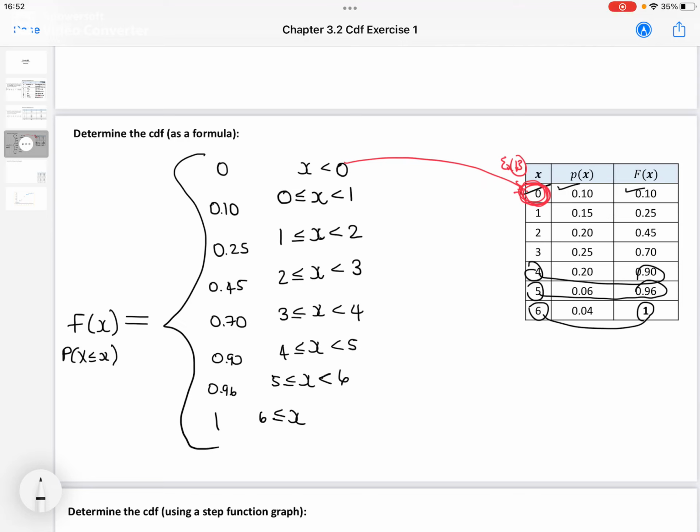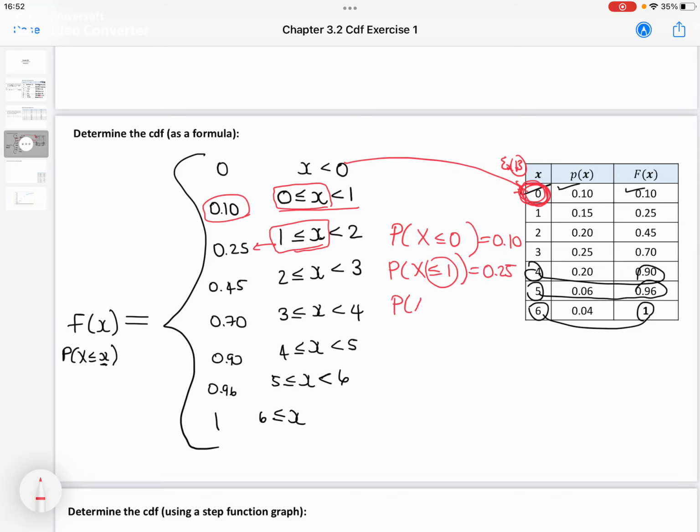So this F(x) function is a formula that tells us the probability of having at most that specific value. Let's say the probability that x is at most equal to 0: we look and see where x includes 0, it's this interval here, and that probability is 0.1. The probability that x is less than or equal to 1, which includes 1, right? Where is 1 included? It's in this interval here.